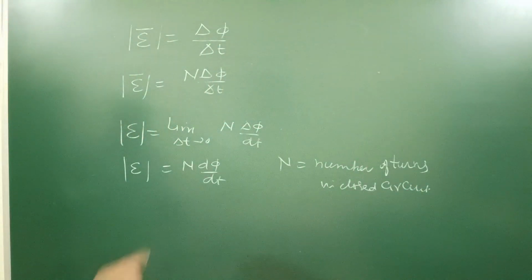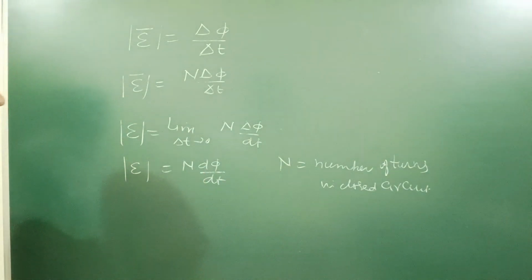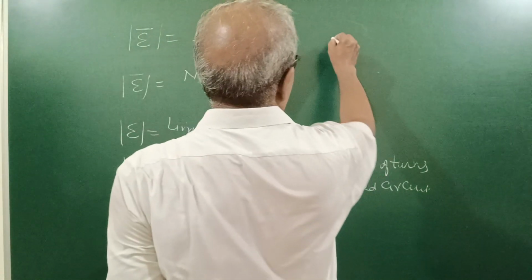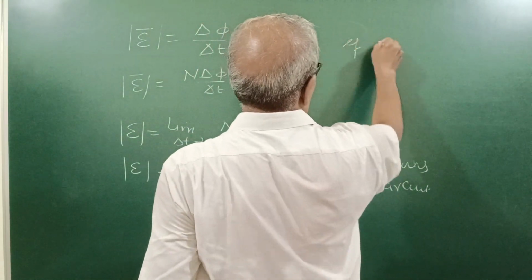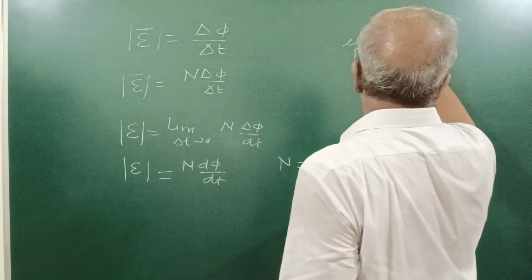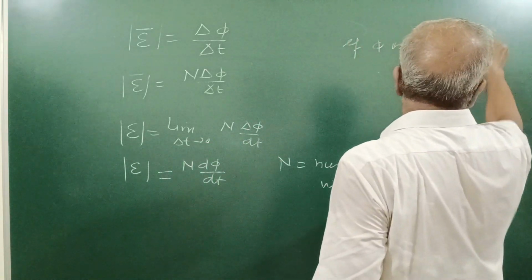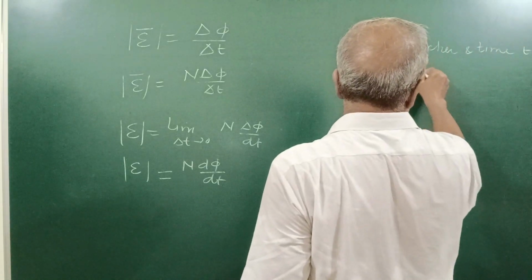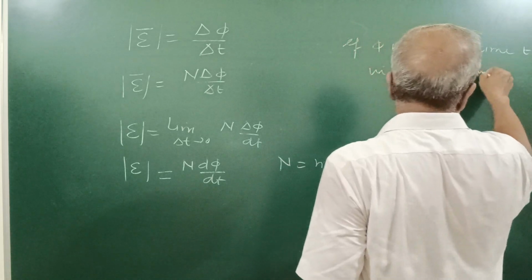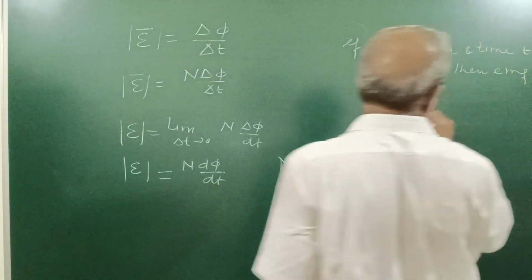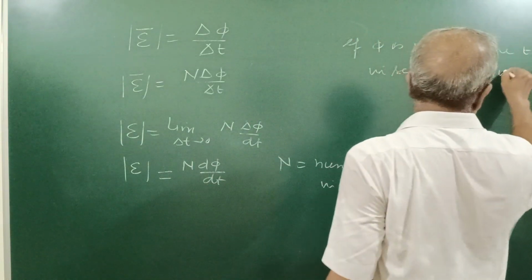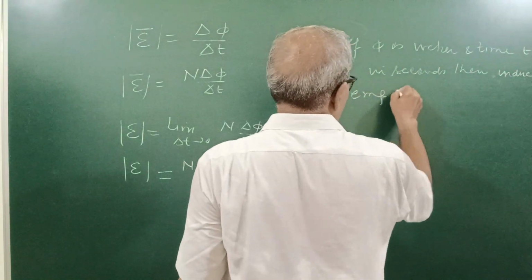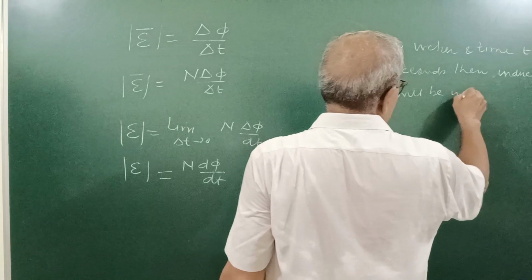So this is Faraday's law. If phi, the magnetic flux, is taken in Weber and time t in seconds, then the induced EMF will be in volts.